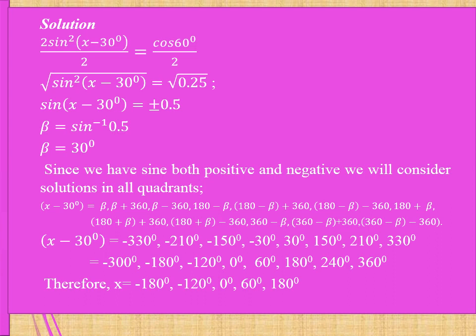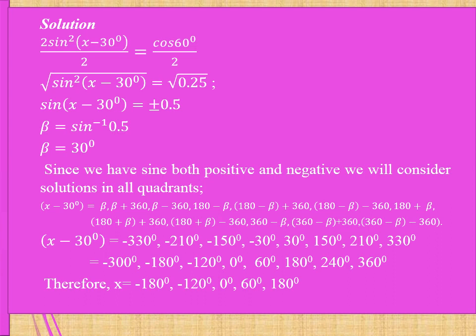So we are going to get x minus 30 is equivalent to beta plus 360, beta minus 360, 180 minus beta, 180 minus beta plus 360, 180 minus beta minus 360, 180 plus beta, 180 plus beta plus 360, 180 plus beta minus 360, 360 minus beta, 360 minus beta plus 360, 360 minus beta minus 360.